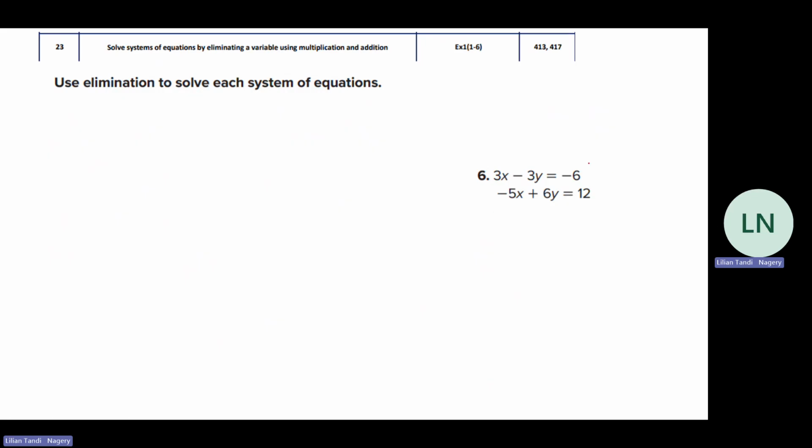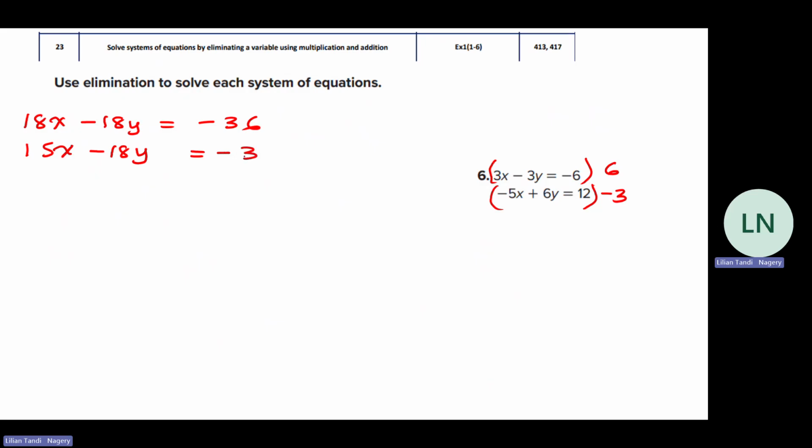Okay, I'll eliminate y's. Negative 3, positive 6, distributive property: that is 18x minus 18y equals negative 36. 15x minus 18y equals negative 36.